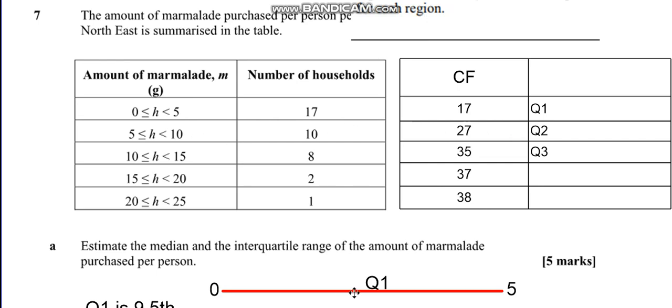And then for Q3, I'm doing 38 divided by 4 times 3, which is 28.5. So I'm looking for the 28.5th piece of data. Well, up to 27 are in this group, so the 28th is going to be in the next group, so 10 to 15. So I've just put these here so I know which groups I'm looking at for each quartile.